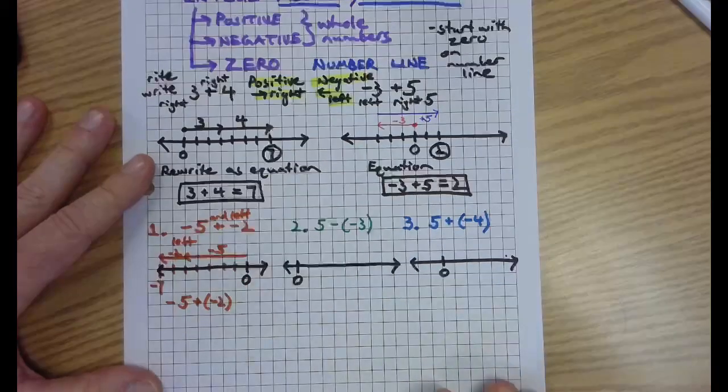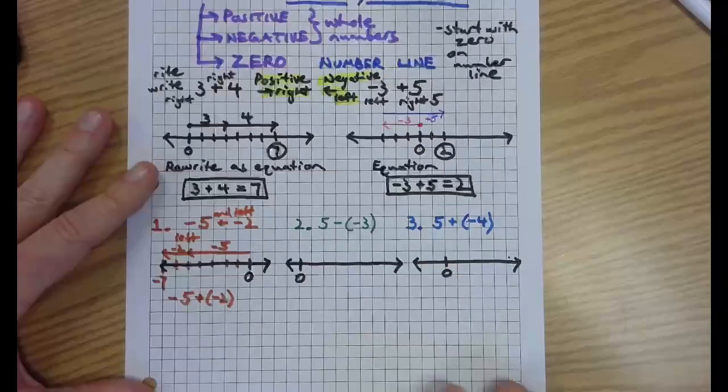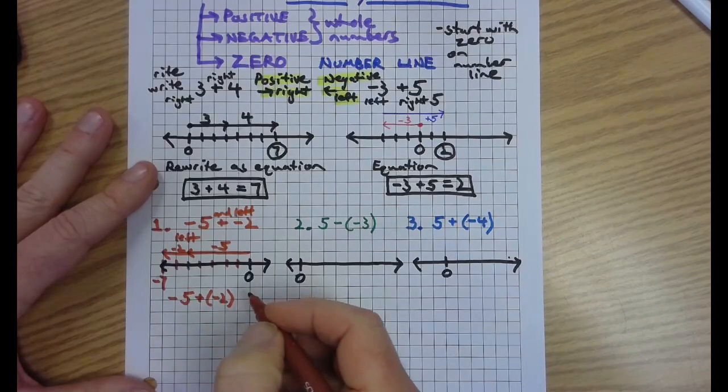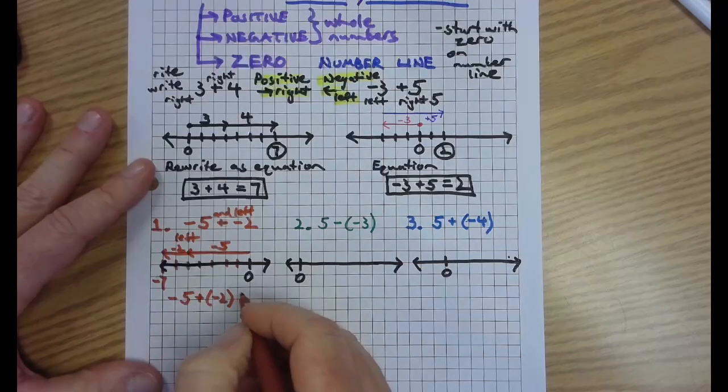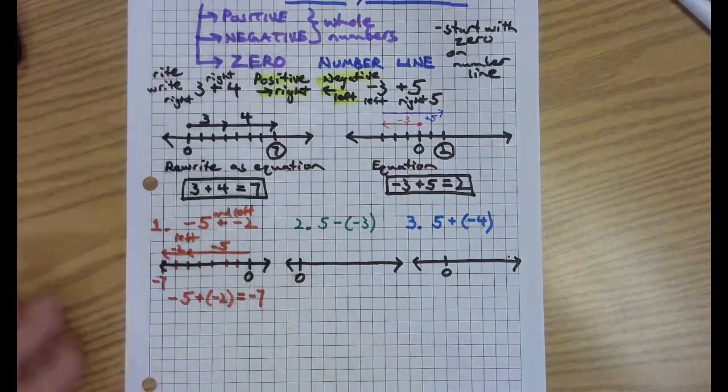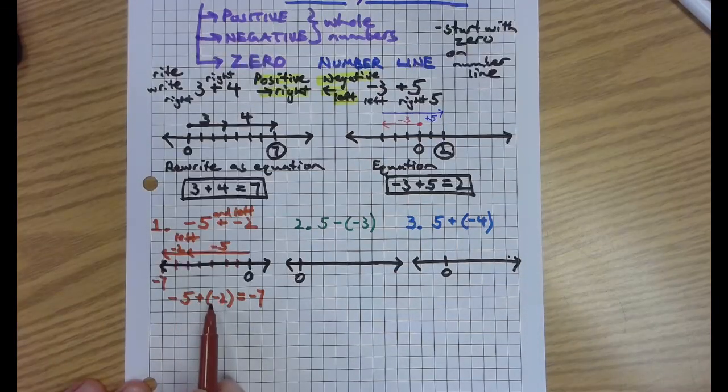Do the parentheses matter here? No, I'm just using them to organize my thinking. Take them or leave them, it's up to you. And I landed on -7. Left 5 and left 2 landed on left 7.